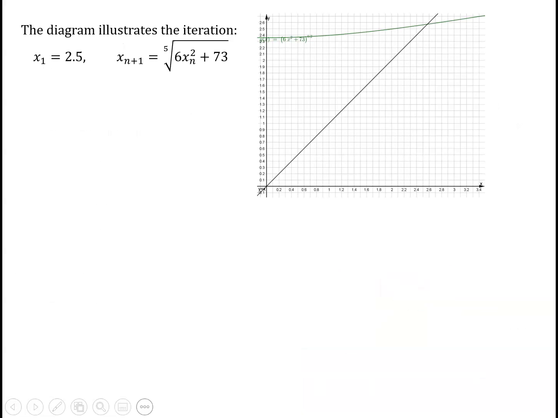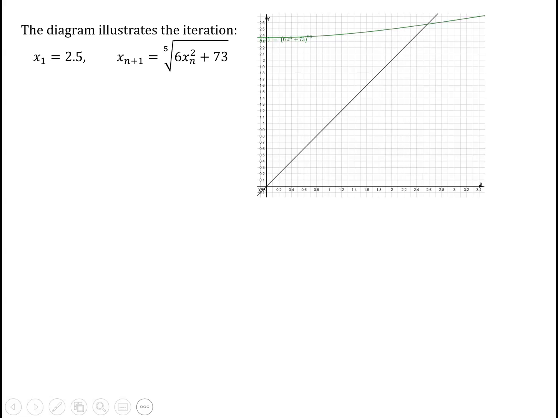So the diagram that I've drawn here illustrates the iteration x_1 = 2.5, x_{n+1} is the fifth root of 6x_n^2 + 73. To start with, I've drawn the graph of y = x, and I've drawn the graph of y = (6x^2 + 73)^{1/5}, which is exactly the same thing as the fifth root of 6x^2 + 73.